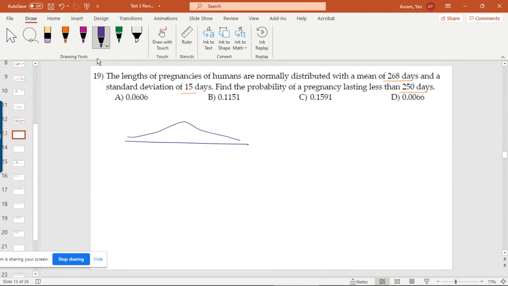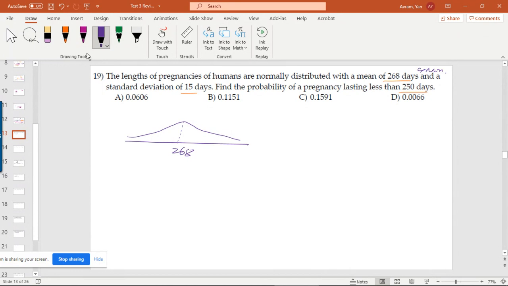The average pregnancy here is 268 days, which we usually call approximately 9 months for a baby. But if the baby is born 2 weeks before or 2 weeks after, that is actually considered normal.